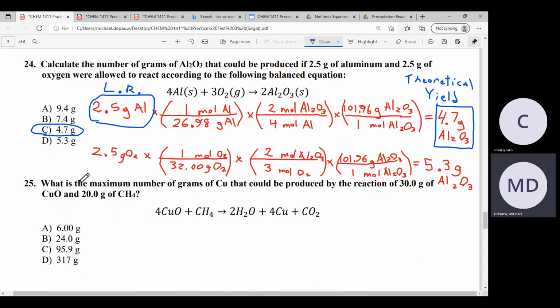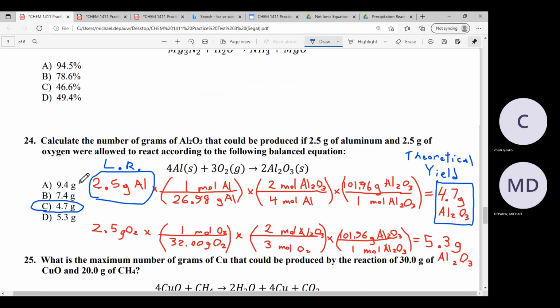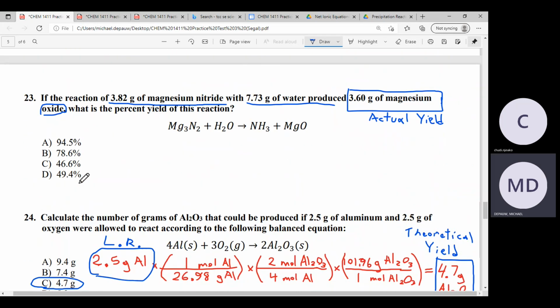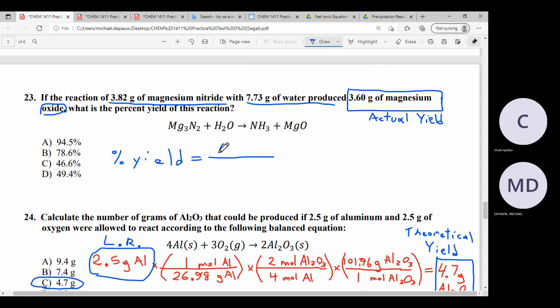In problem number 23, you would do the same thing, except there would be an added part to it. You'd have to take your answer and solve for the percent yield, which is, anybody remember the equation offhand? You got it.